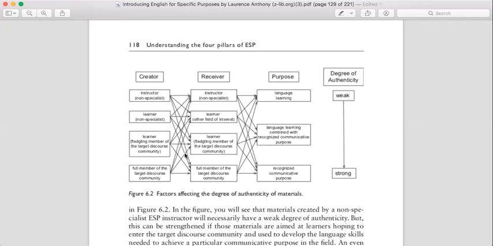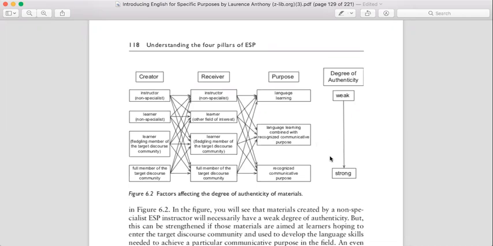And the receivers are also learners who are in the target discourse community. They are also interacting in the native environment, and this can be a combination, language learning combined with recognized communicative purpose. So this is not for the learning purposes, but this is of course authentic material, and this is for communicative purposes.